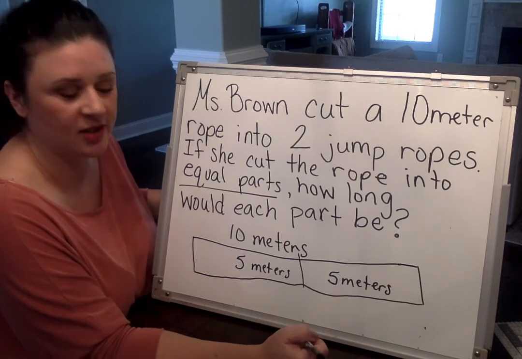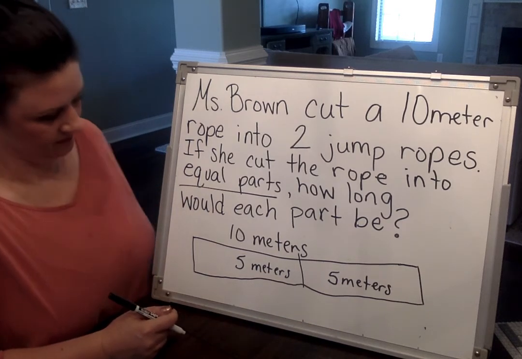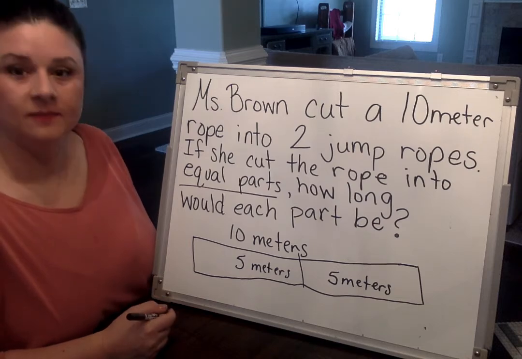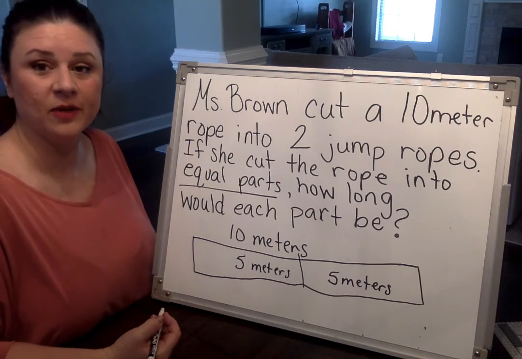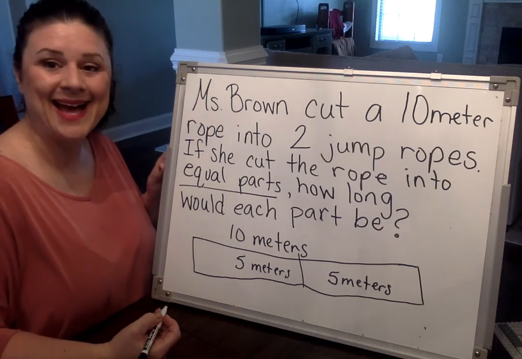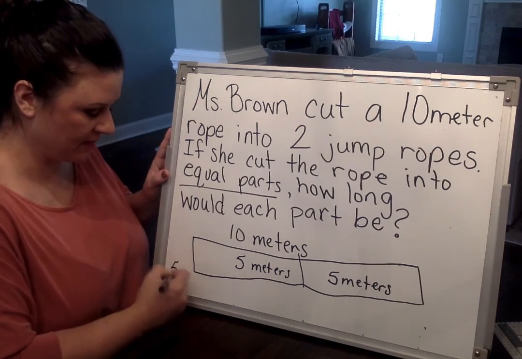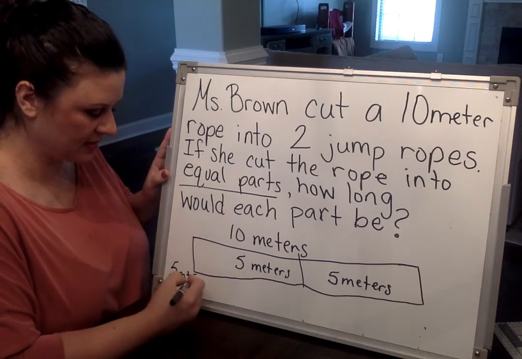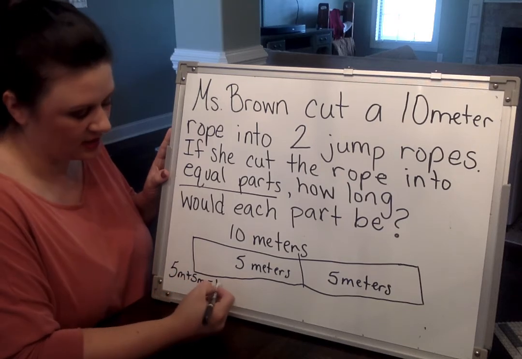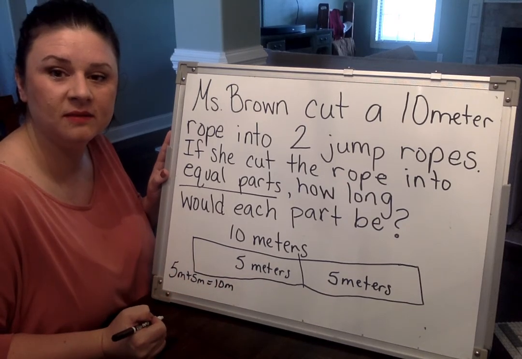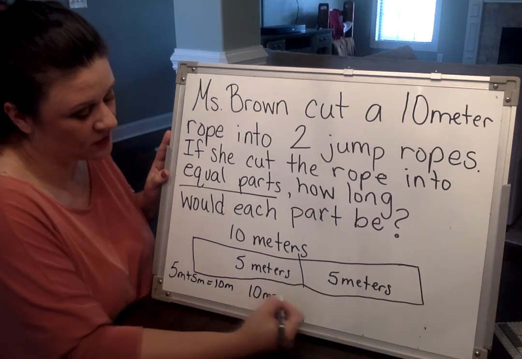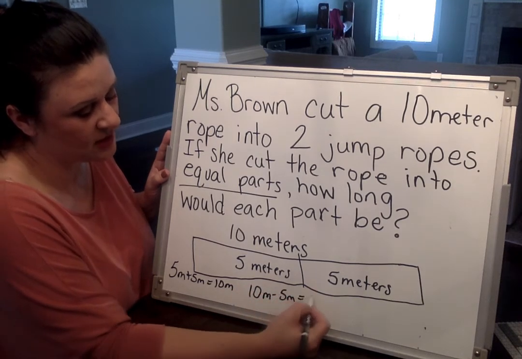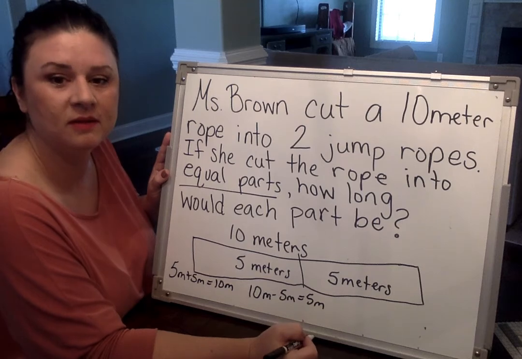An equation. There's several equations you could have written. If you decided to add, you could have said 5 meters plus 5 meters equals 10 meters. You could even subtract: 10 meters minus 5 meters equals 5 meters.